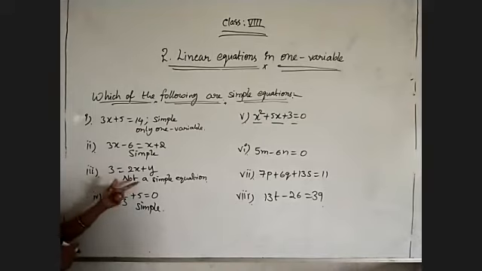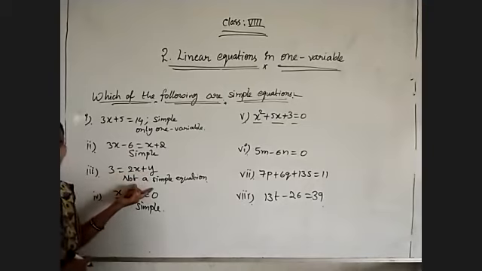Coming to the third one, the degree of this equation is 1 only. Here 2x, y are separate terms. For 2x it is 1 only, y also 1 only. Degree is 1, so it is a linear equation but not a simple equation. It is a linear equation in two variables. It is not a simple equation. So a linear equation in one variable is a simple equation.